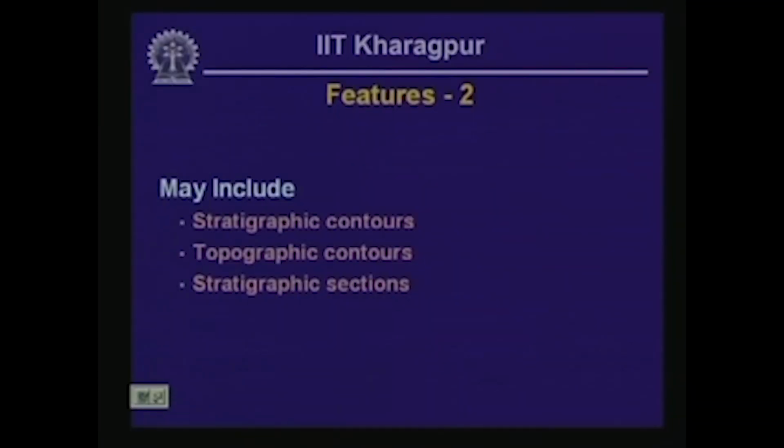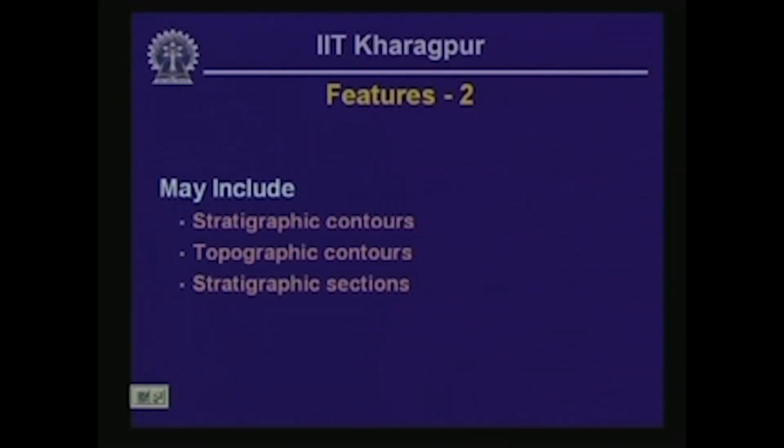We are going to take an example geologic map in a little bit, but before doing that, let me also list a few features that may be included on a geologic map, but not always. These features include stratigraphic contours. What do I mean by stratigraphic contours? They are essentially the lines through the top of a stratigraphic layer which are at the same elevation.